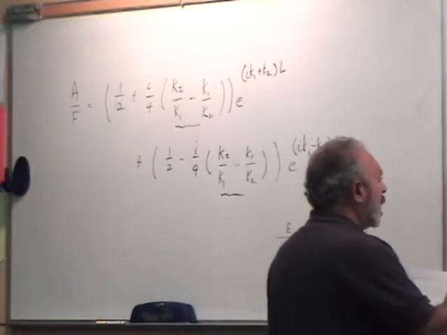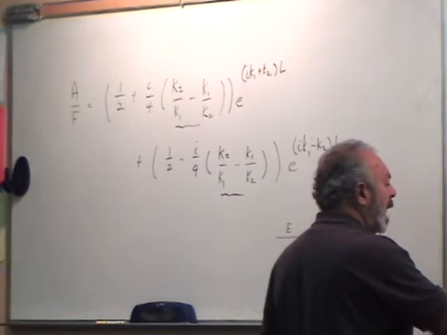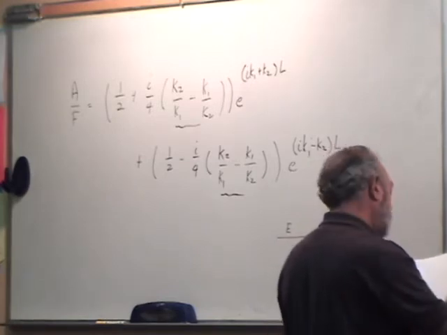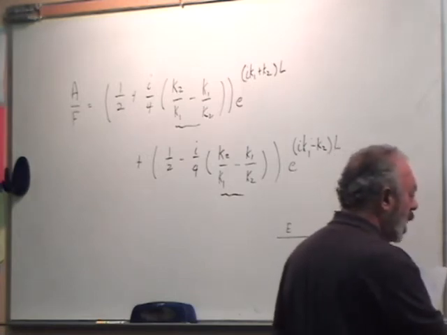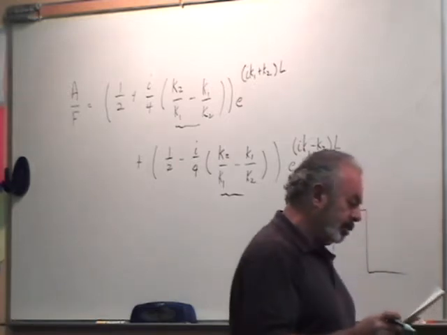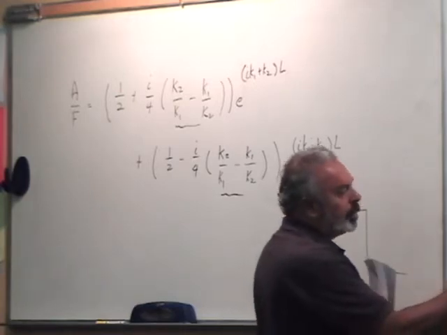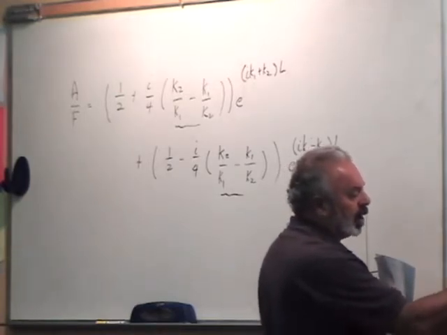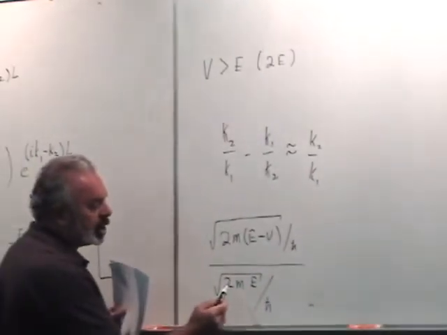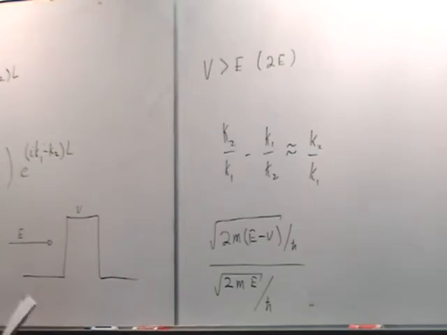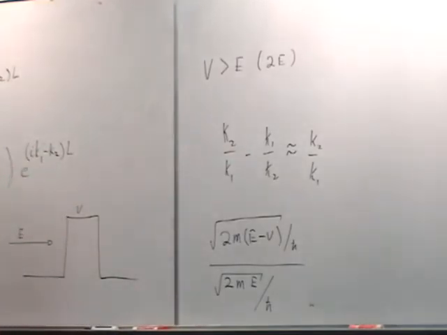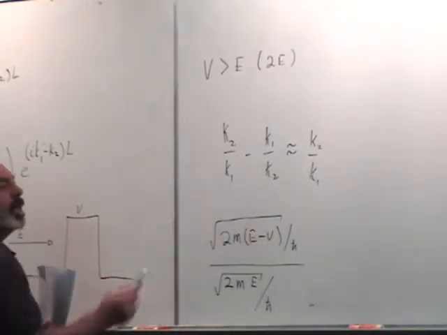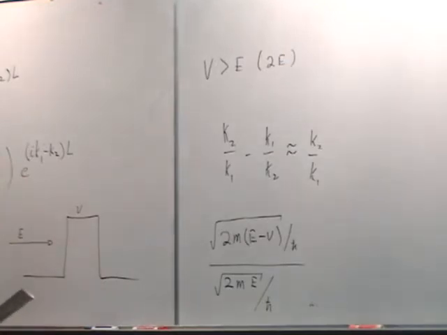Because as you recall, K2 is the square root of 2me (V minus E) over h bar, divided by the square root of 2meE over h bar. When you make this number significantly larger than that number, then the number down below is relatively trivial. So if you turn it over, you end up with this term here being relatively unimportant compared to this term. So what we end up with is K2 over K1, roughly speaking.